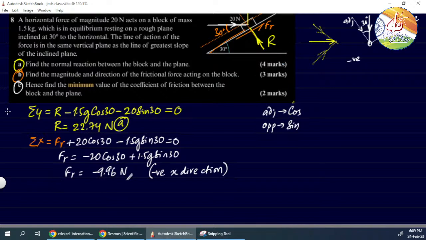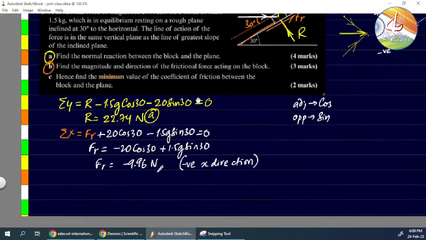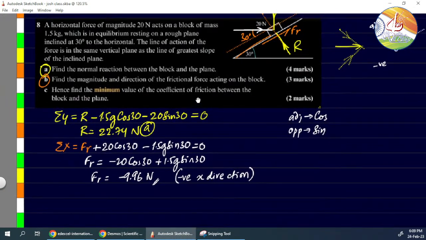And third bit, hence find the minimum value of coefficient of friction between the block and the plane. Minimum value. So friction is acting in downward direction. That means the object is trying to slip upwards. So minimum friction should stop the object from moving upwards, correct?